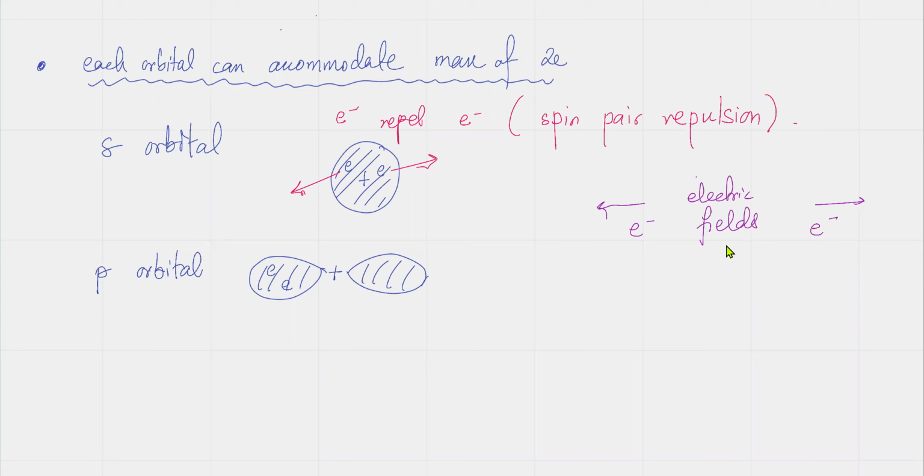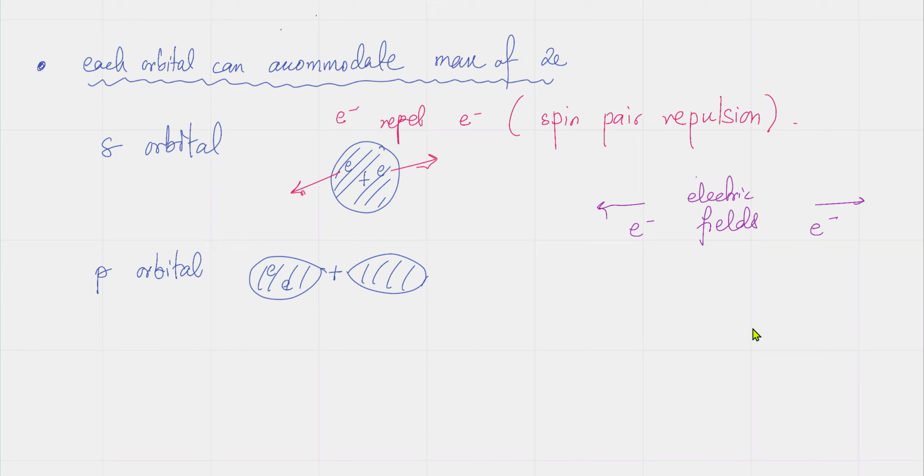Why is there a magnetic field being produced? Because every electron has a magnetic field. You haven't studied this in chemistry before, but every electron has a magnetic field. So the electric fields are repelling each other. The negative is going to repel the negative, but every electron is going to have a magnetic field.